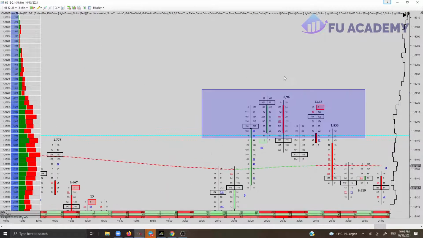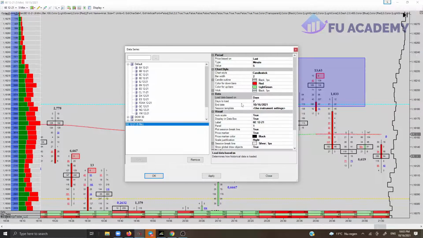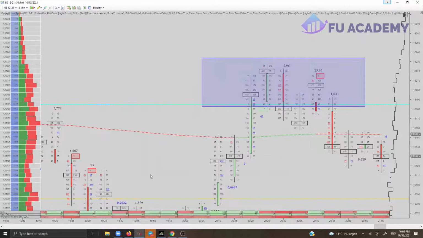And when the price came here, if I go to the day and change the time frame to 2 minutes, it's not a live market now, so that's why it's taking some time.